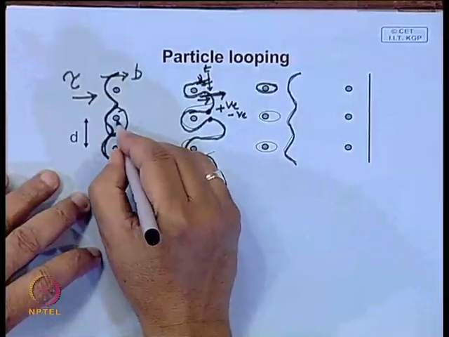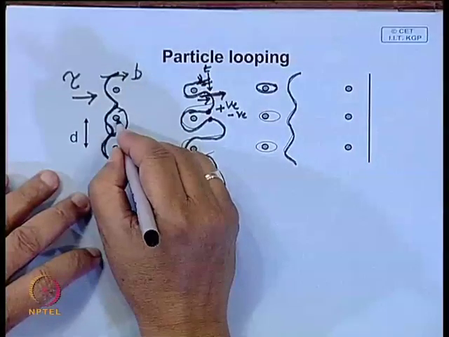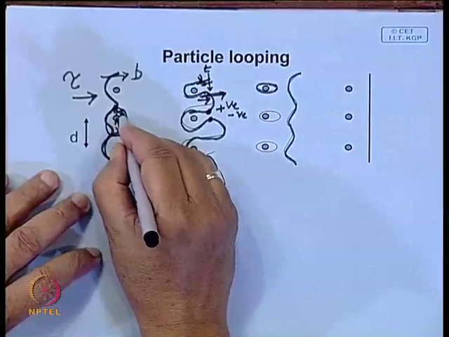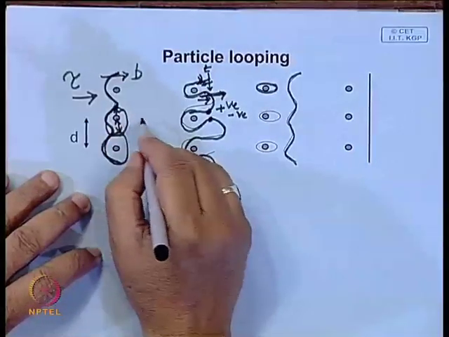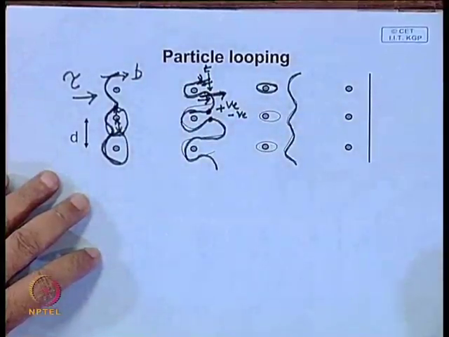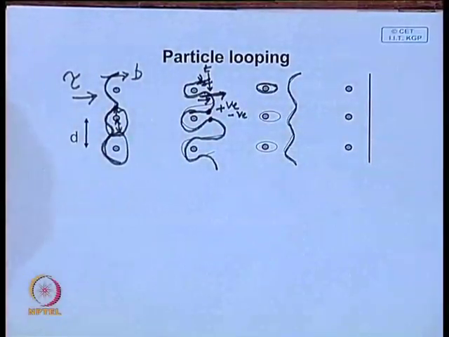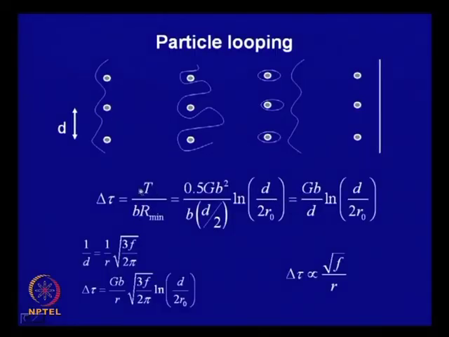This is the area within which the strain energy of the dislocation is located. Therefore, here you substitute d, and it is also possible to relate d with the volume fraction and radius of the particle. This is a simple stereological derivation which I leave as an exercise.